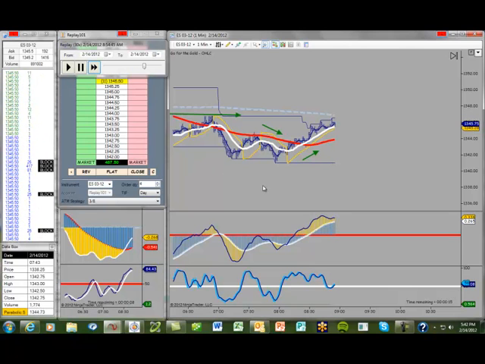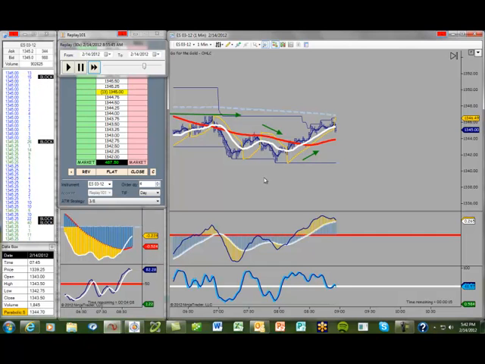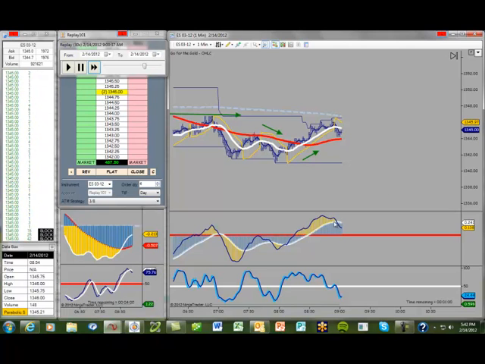It'd be a little tricky to try to get long again, given the fact that we've got this resistance in the form of this downsloping long-term moving average right over our heads. We've got a bearish crossover on the 1 minute MACD right now. Still bullish on the 5 minute side.